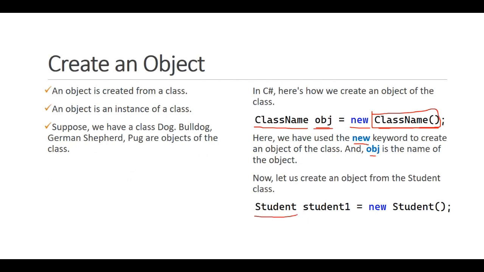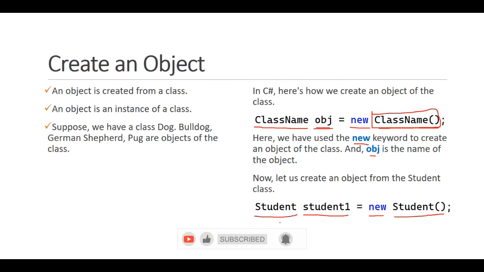Student will be the type of the object, and student1 is the object name. It is exactly the same as the variable rules, and camel case is good to use. And the new keyword, and of course, Student will be the default constructor.